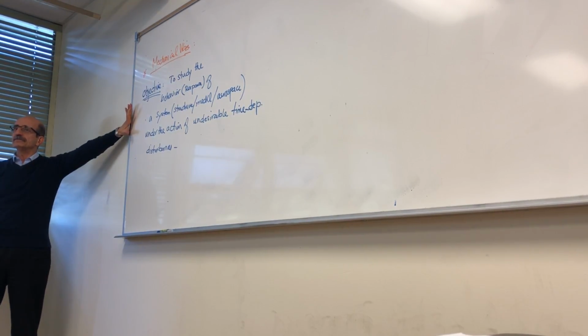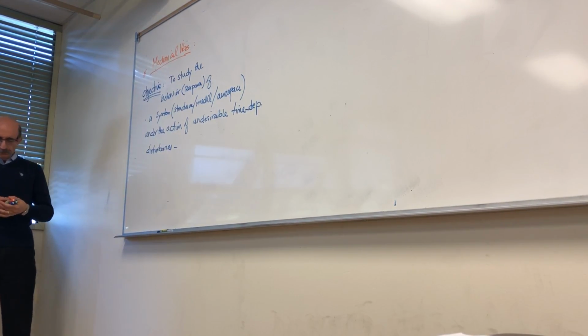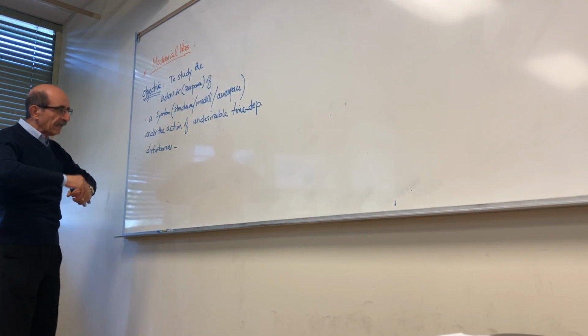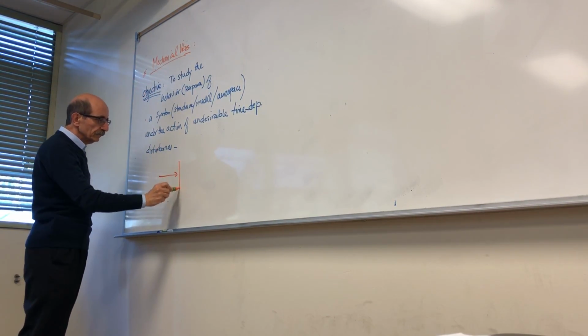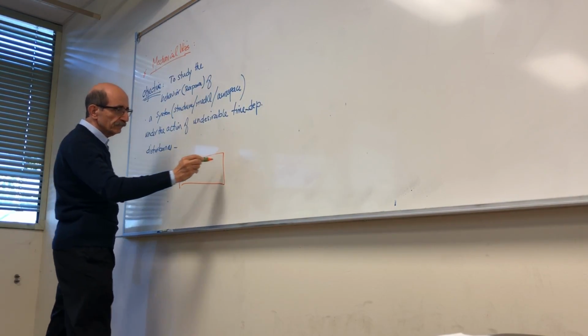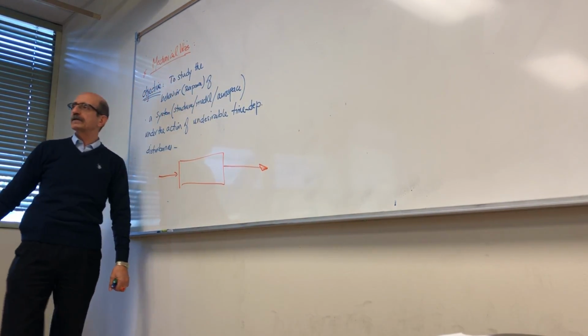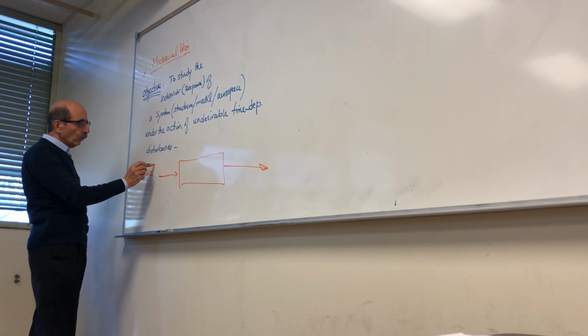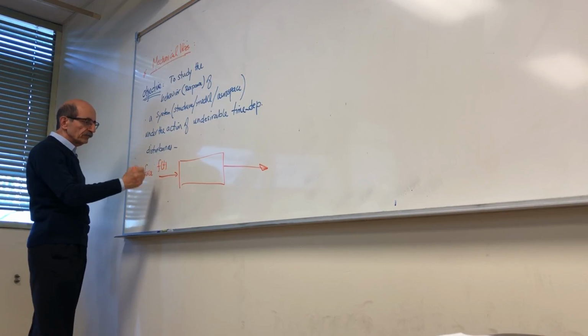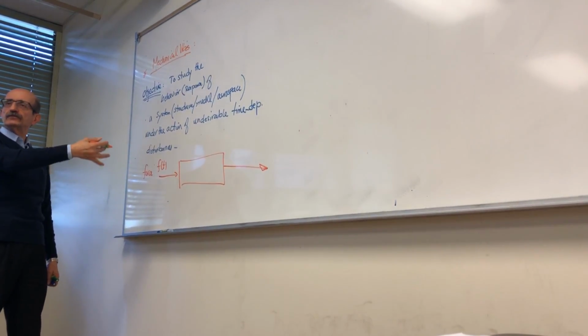That is the main objective. To start with that, as I said last time, this can be schematically described by this system diagram. Basically, you have a force or a disturbance, because this can be displacement, acceleration, whatever.